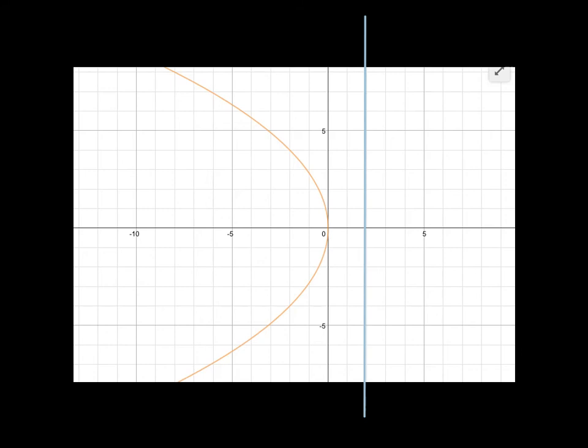And then our focus is negative 2, 0. And this we label as our directrix. Our axis of symmetry is the x-axis. And there we go. We have x equals negative 1/8 y squared. This was our original formula.